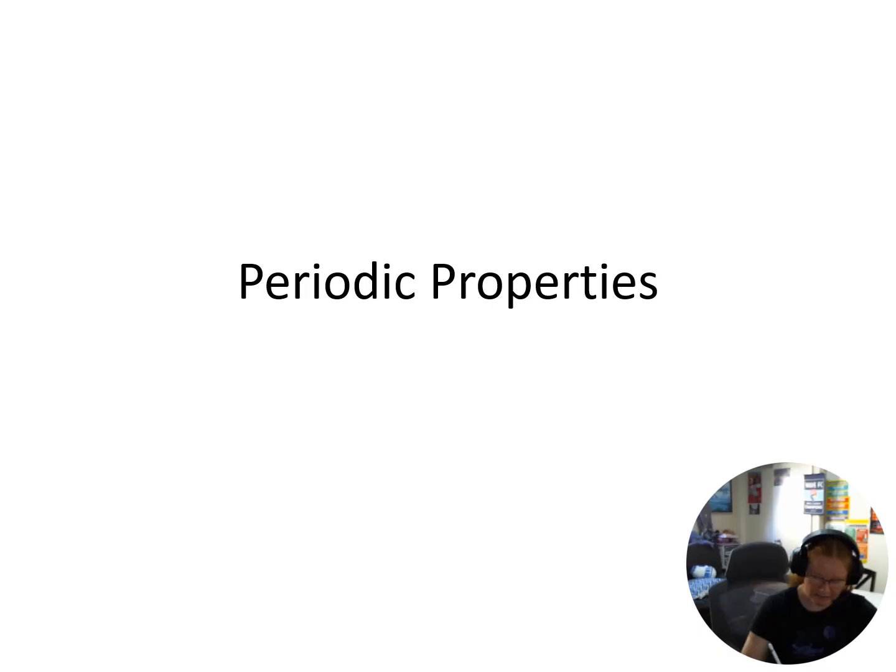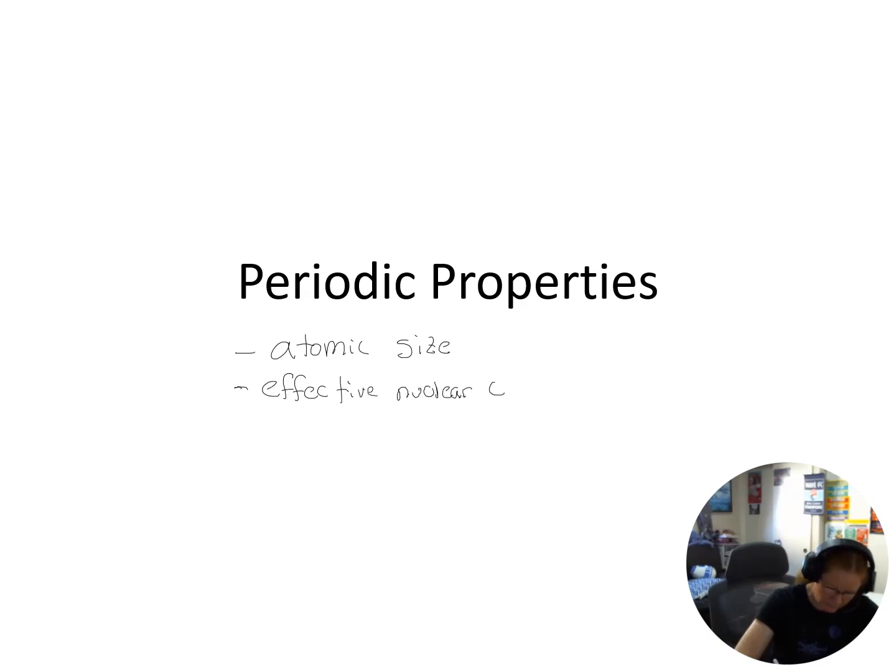Okay, so we're going to look at atomic size, effective nuclear charge, ionization energy, electron affinity, and metallic character.